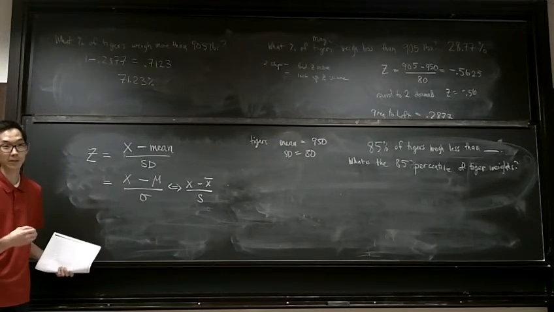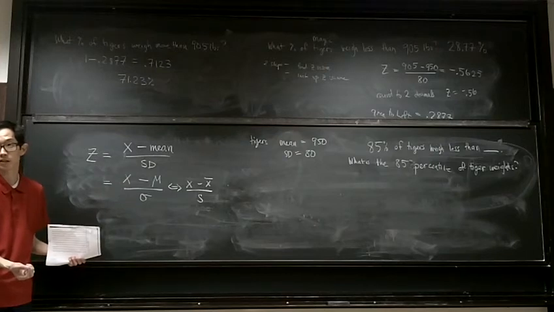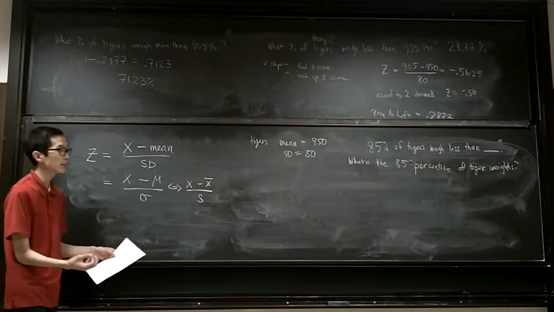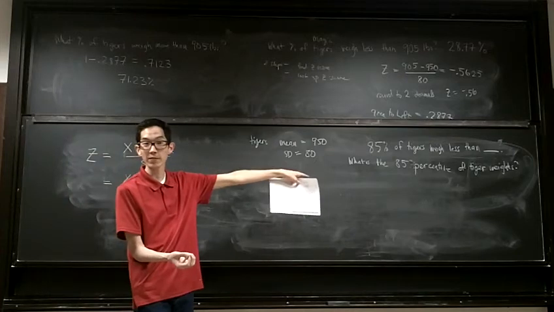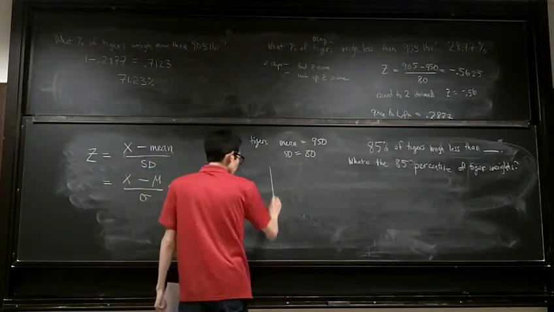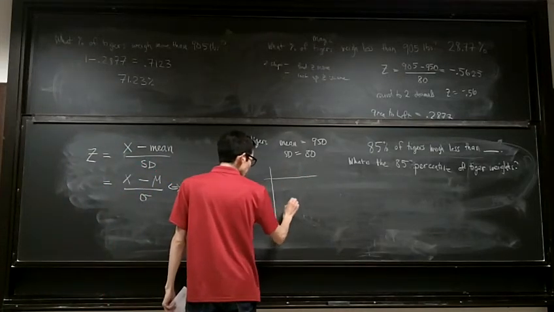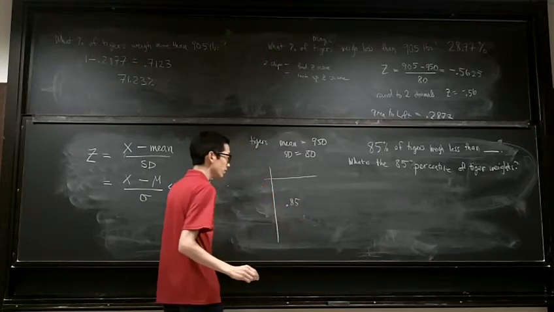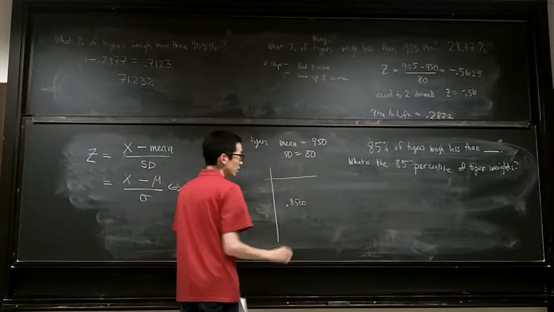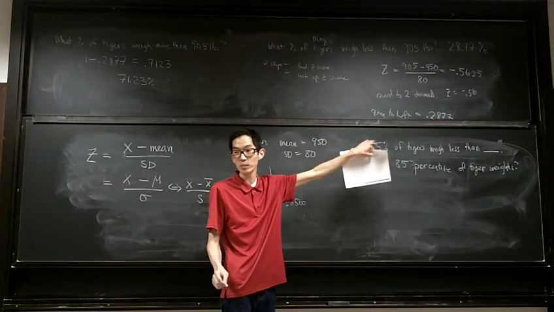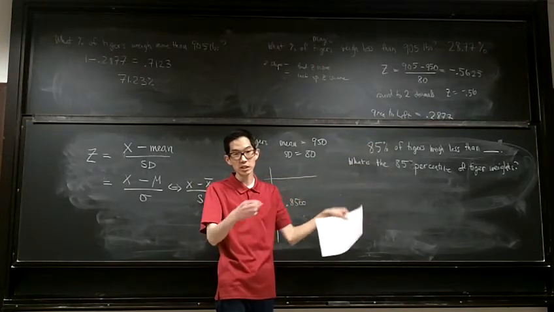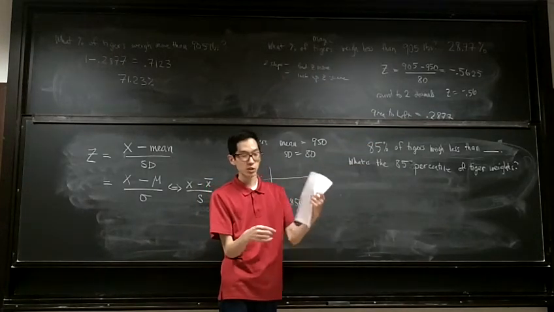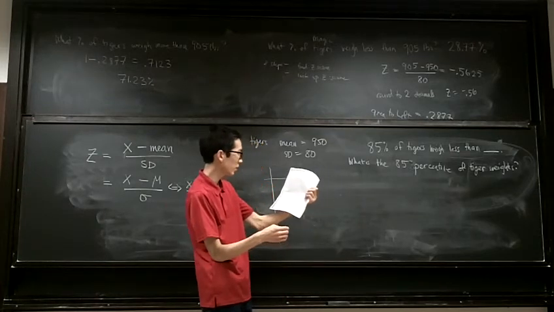So what should the very first thing we do be? We have to find the z-score that gives us 85%. So I'm going into my table and I'm looking for 0.8500, the closest thing, because I'm given a percentage, or an area. The area is 0.85. So what is the number that's going to give me 0.85?